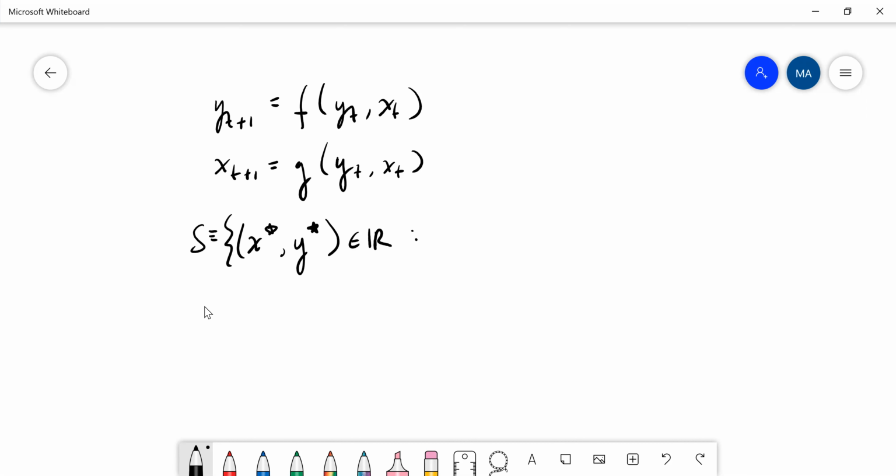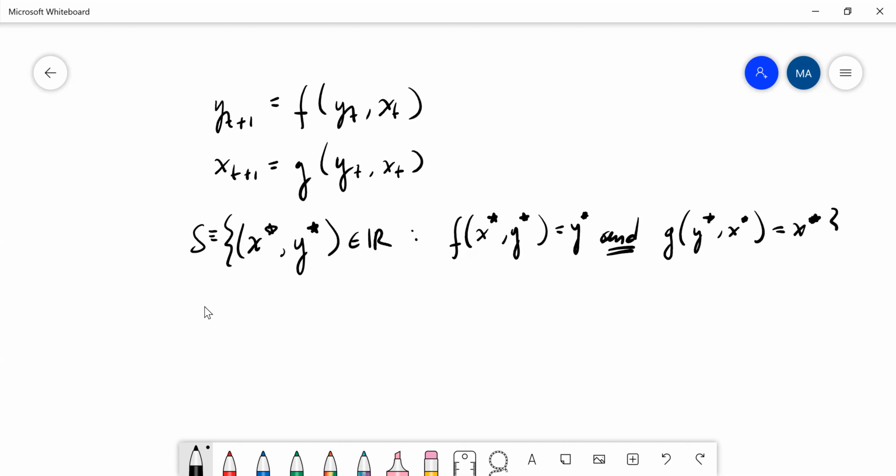So this is a set again that implies f(x star, y star) equals y star, and this is an and condition, and g(y star, x star) is equal to x star. Okay. Now after finding these steady states, you can tell me the global dynamics by drawing a phase diagram.